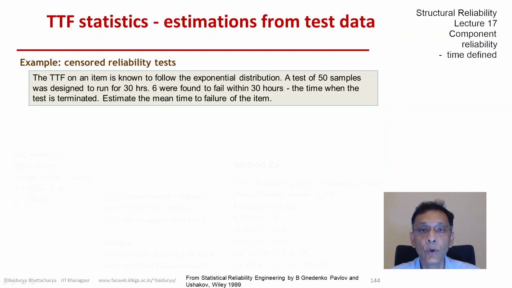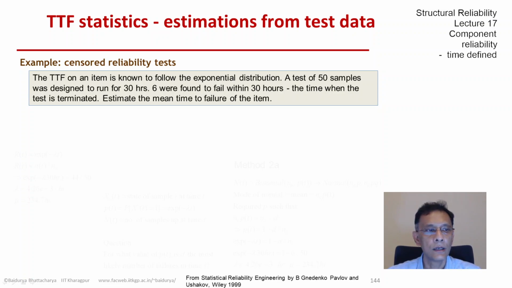So that's one kind. The other common kind would be to fix a number of failures that we will wait for. So as soon as that number is reached, we will stop the test. So we will not continue until all the samples have failed. So here, let's take a minute to read the problem.